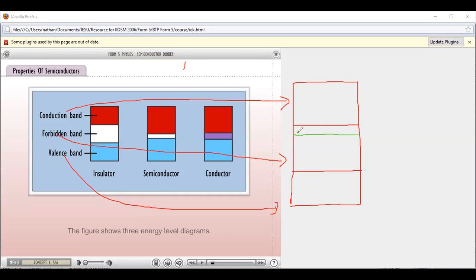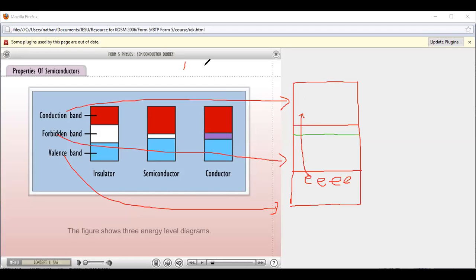Now we know that there is an electron here, for the semiconductor at the valence band. This electron can jump to your conduction band if the temperature is high.